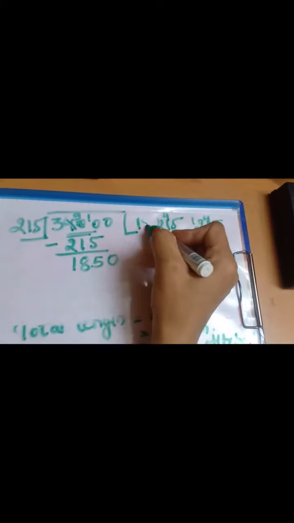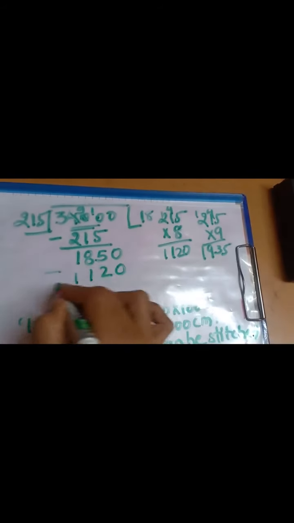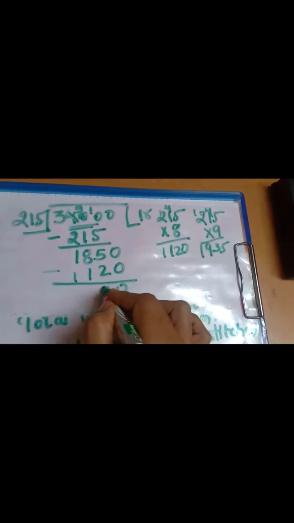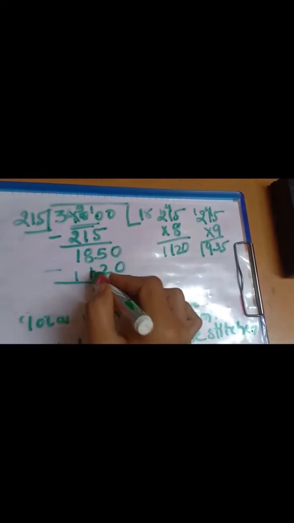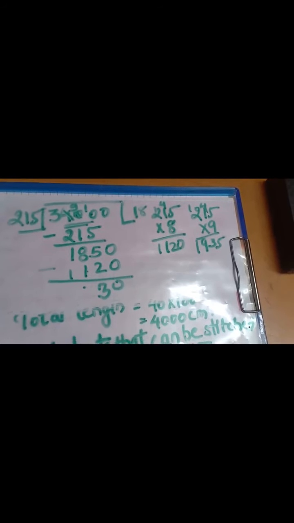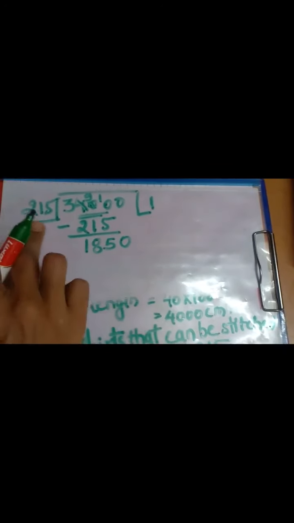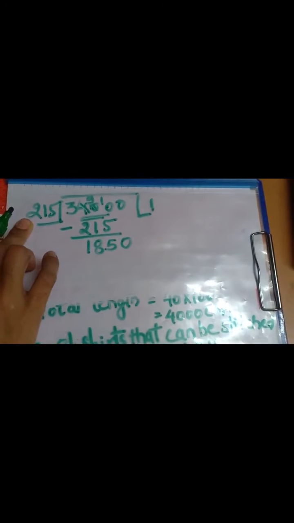Something is going wrong in the quotient. So 9 2 is 18.